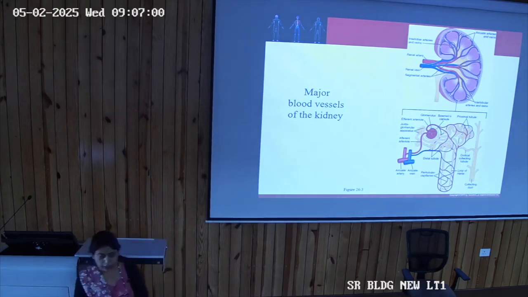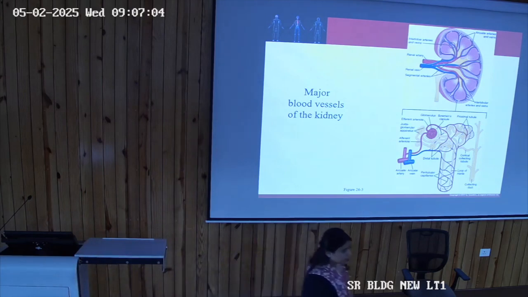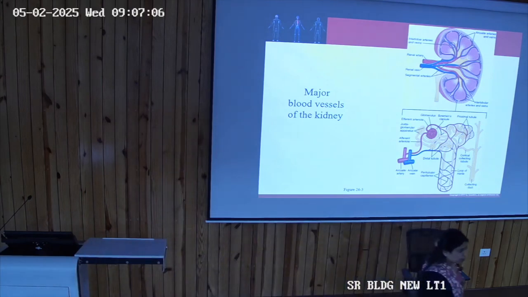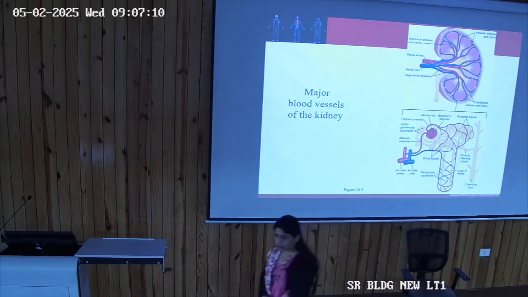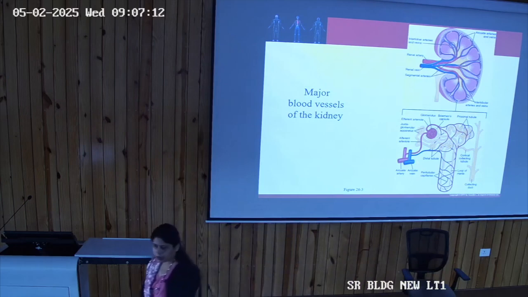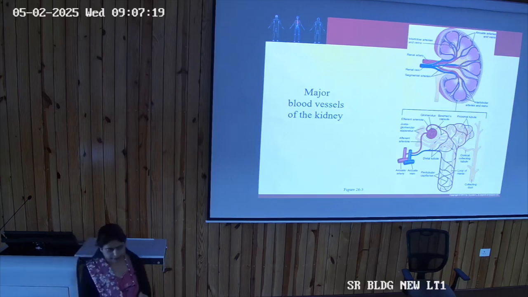Efferent arteriole finally results into the peritubular capillaries or vasa recta. So they have a double set of capillary networks, and the pressure present in these capillaries compared to elsewhere in the body is highest because the function they have to perform is ultrafiltration.